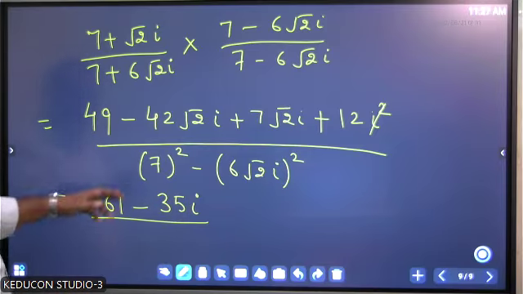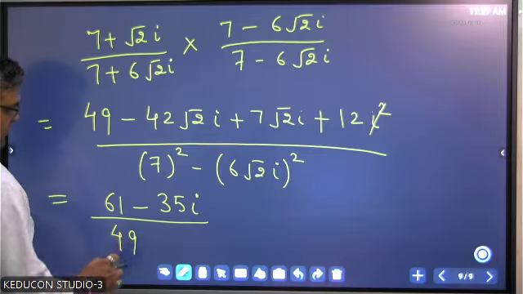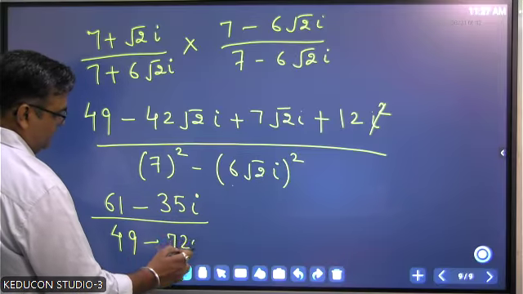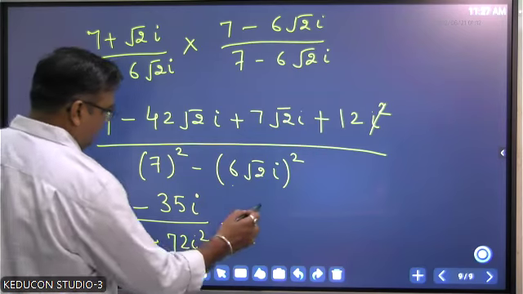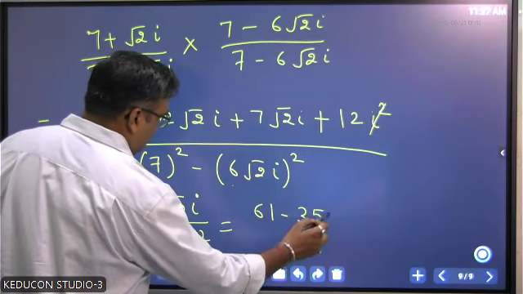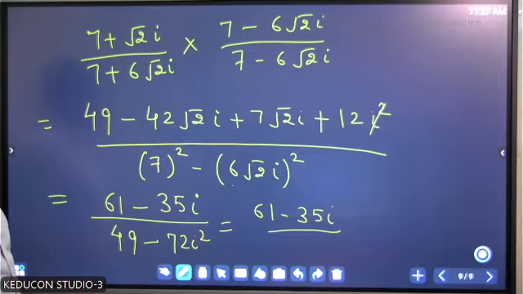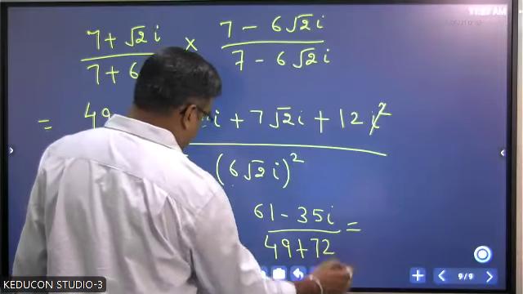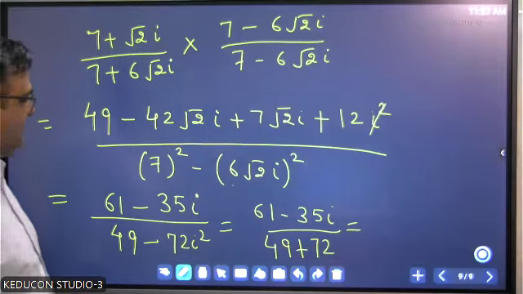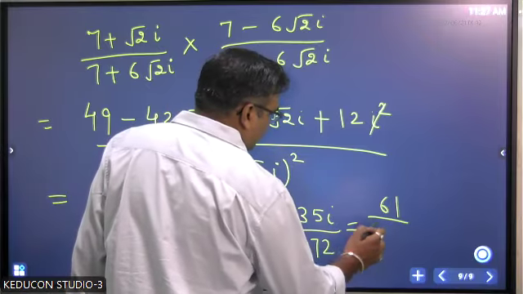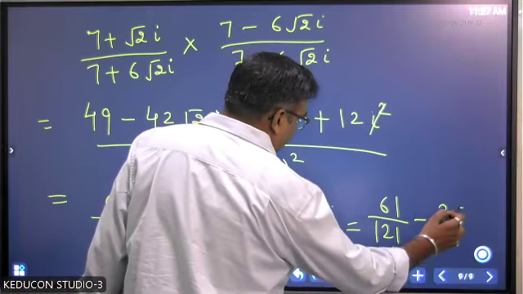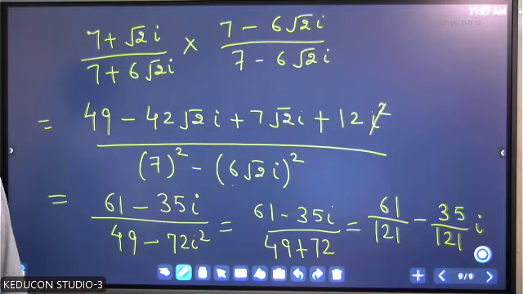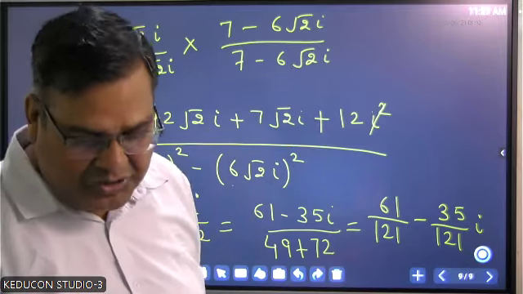And in the denominator we'll have 49 minus 36 into 2 iota square, so 49 plus 72. So it will be (61 minus 35 iota) divided by 121. So this comes out to be 61 upon 121 minus 35 upon 121 iota. This is the final answer in the a plus iota b form.